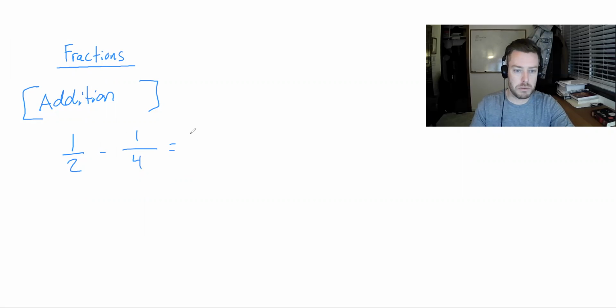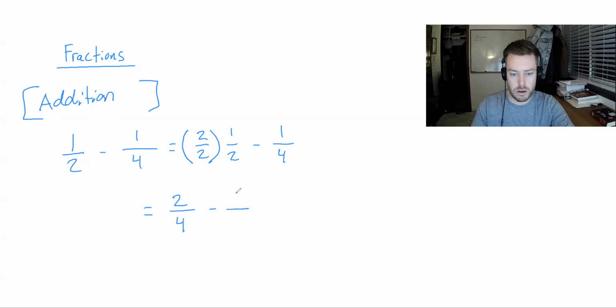So we're going to be multiplying the first fraction by 2/2. Nothing changes there. 1/2 minus 1/4. Nothing changes. We're still going to be multiplying across. So this is going to give us 2/4 subtract 1/4.